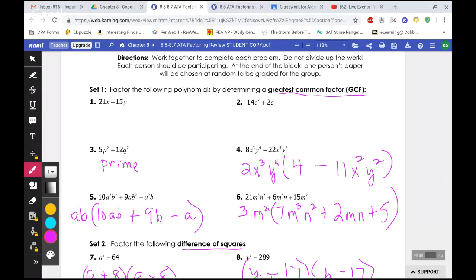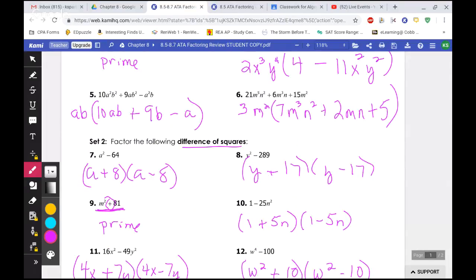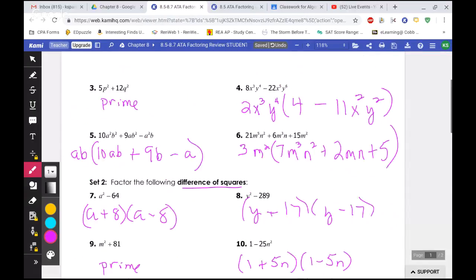When there's nothing that will go into all of the factors, like a 2, a 3, a 4, or 5, won't go into all of the factors, and there's no matching variables. And then down here, we were looking at difference of squares, but there was a plus sign here in the middle. And so that made that prime. If this would have been m squared minus 81, it wouldn't have been.